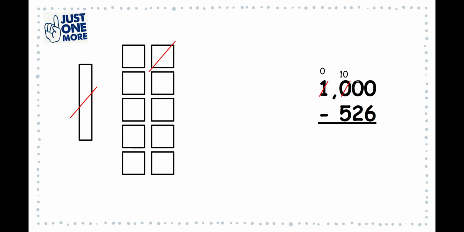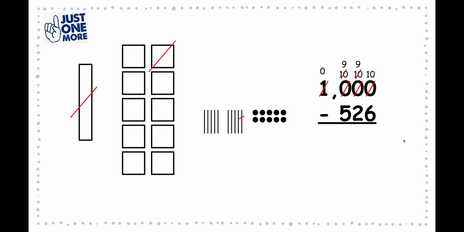That will give me 10 tens. Now, I still haven't solved my problem. I take away one of the tens, and that will give me 10 ones. There's my 10 ones. I no longer have 0, now I have 10.